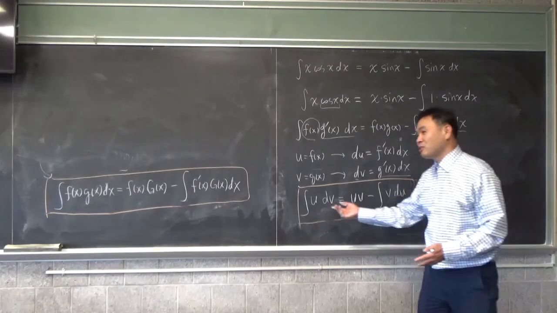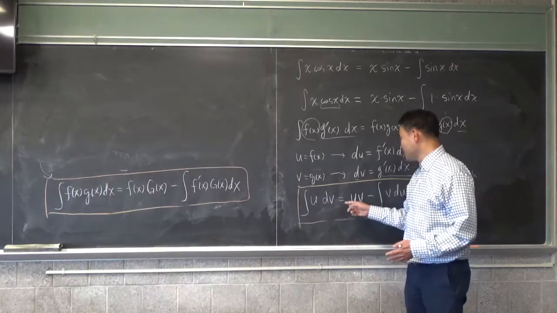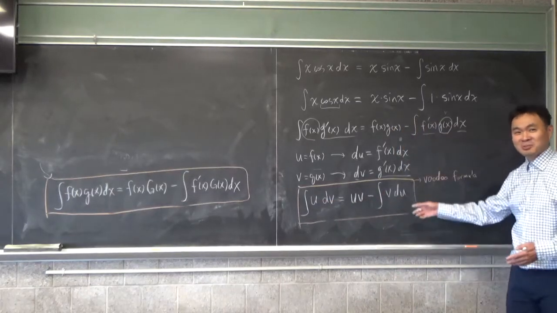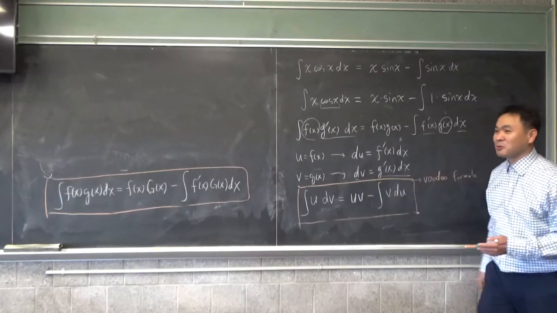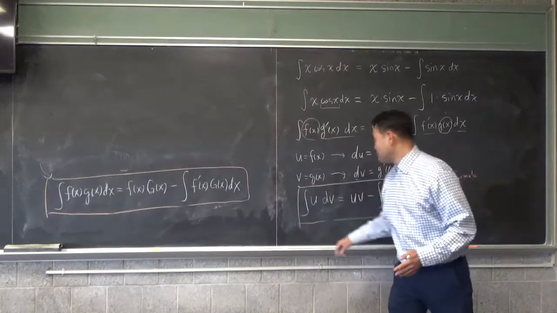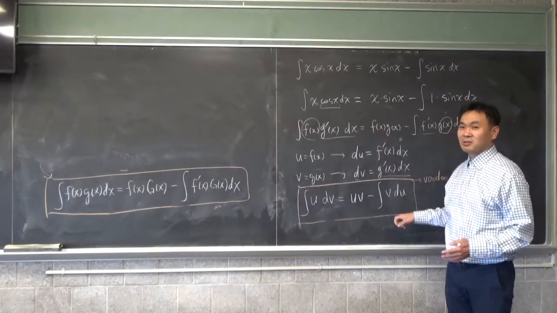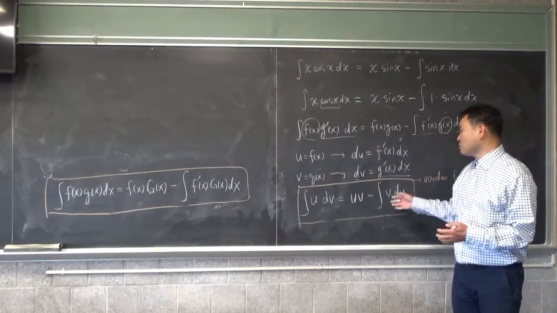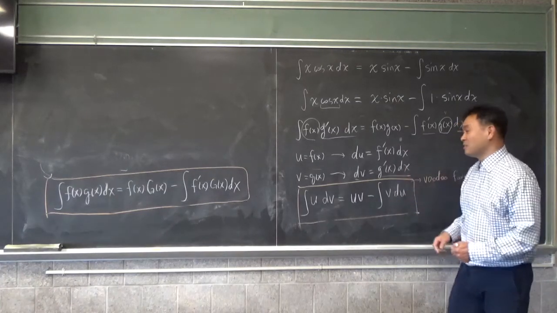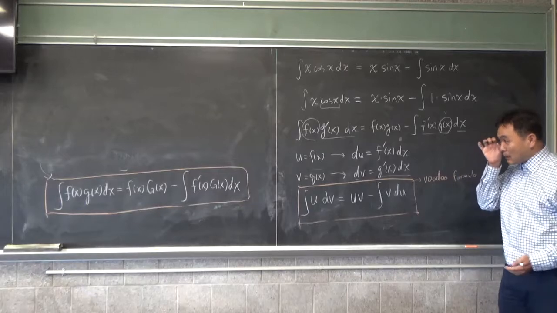So you can actually read this as like Voodoo equals to uv minus Voodoo. Where the Voodoo is like the nickname for this formula. So the reason this is preferred over this one is it's easier to remember. And for people who just remember the formula and then just plug and chug, they like to do this.